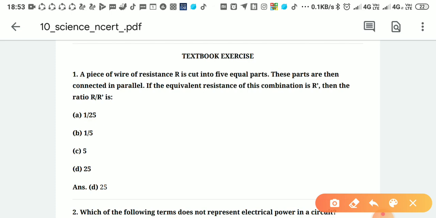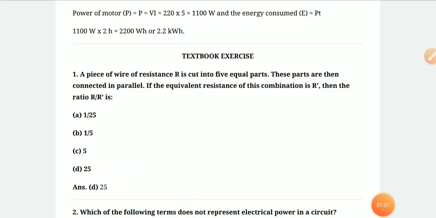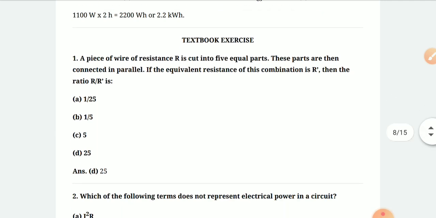So if it is cut into 5 equal parts, then the resistance of each part will be R upon 5.